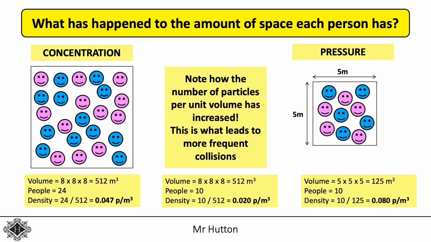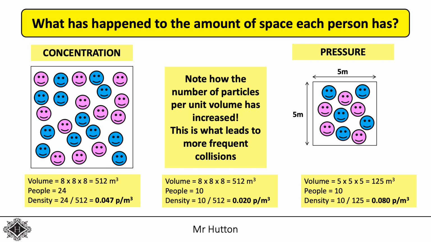Right, so just note how the number of particles per unit volume has increased, and this is what leads to the more frequent collisions. So when you talk about concentration and pressure in exam questions, you must reference the number of particles per unit volume. So if you're increasing the concentration, you'll be increasing the number of particles per unit volume.